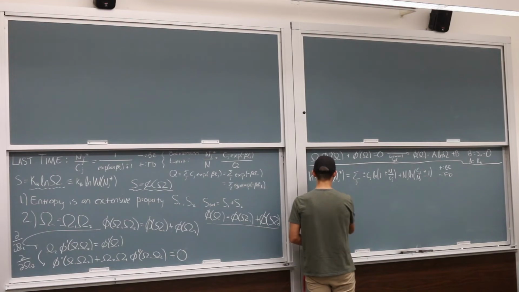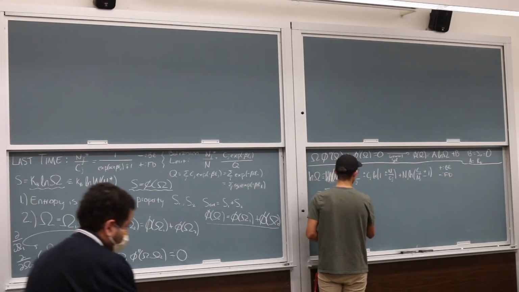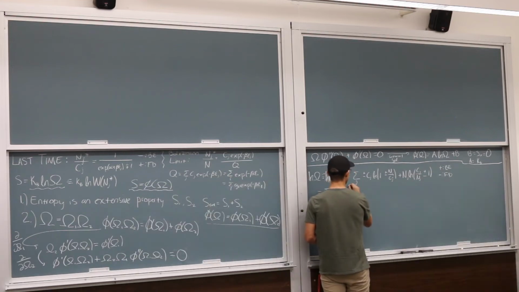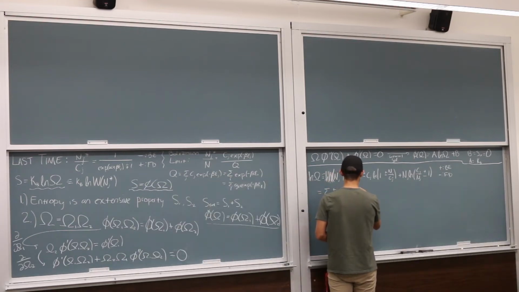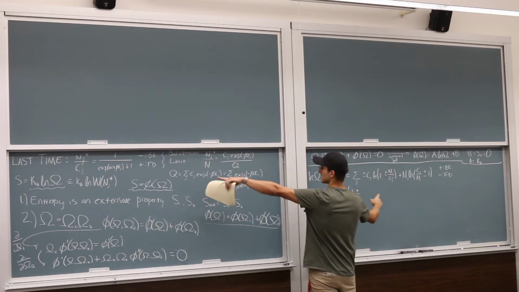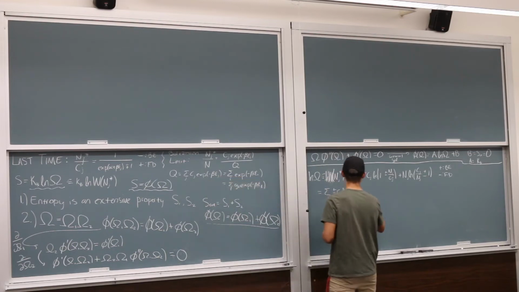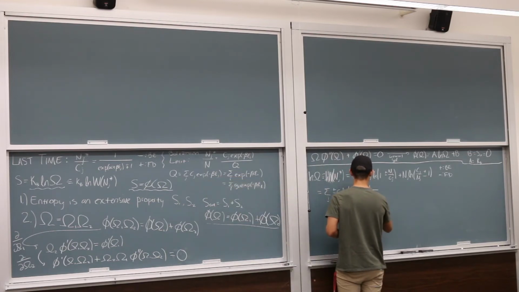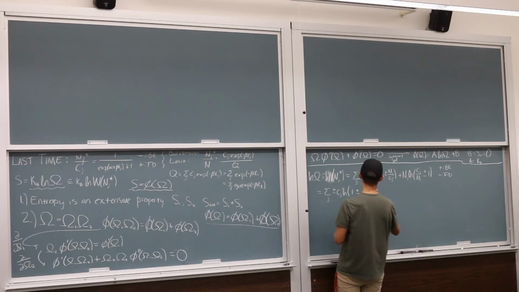So we have the summation here, plus or minus cj, natural log of 1 plus or minus 1 over exp of alpha plus beta epsilon j plus or minus 1 minus plus.